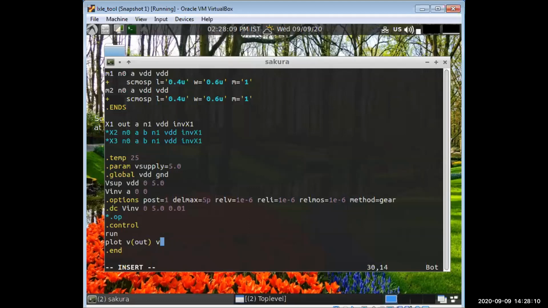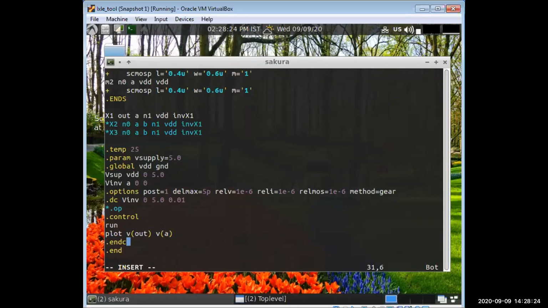So do it V of N1, V of A. Okay. Then end it with .endc. Okay. Then this is VI, and I have given the supply voltage, and this is the instantiation of the circuit.